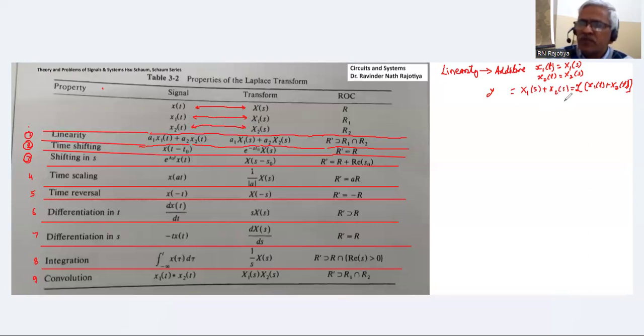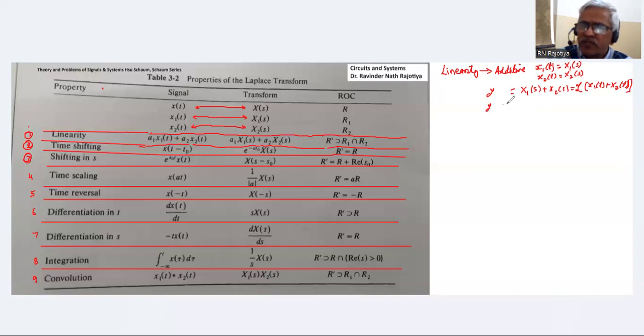Similarly, the scaling property, or the homogeneity, says if you multiply a signal x1(t) by a1, and similarly multiply x2(t) by a2, their Laplaces will be a1 times X1(s) and a2 times X2(s).